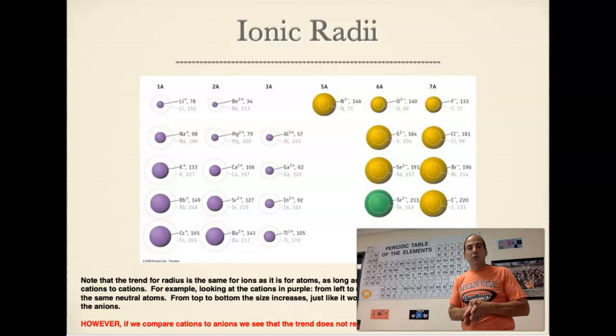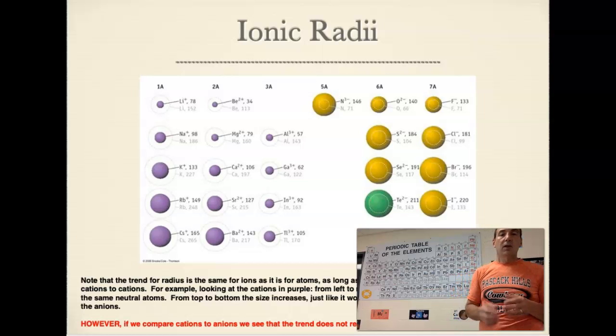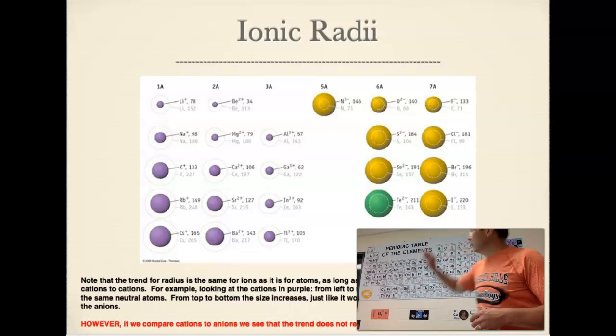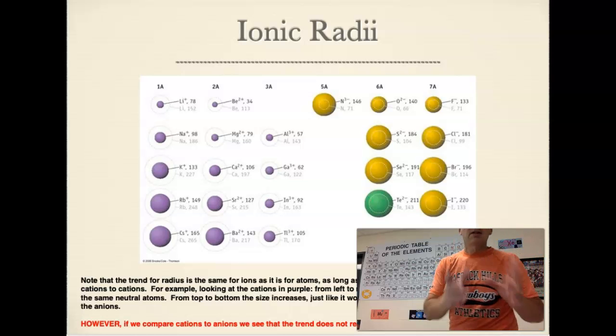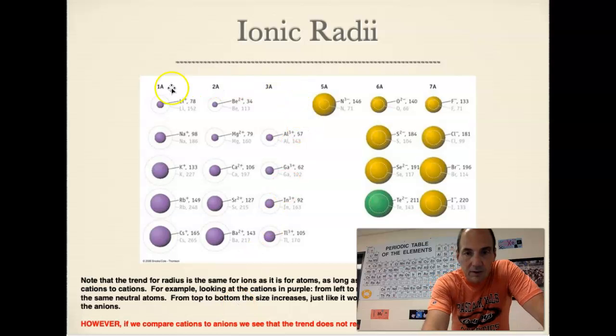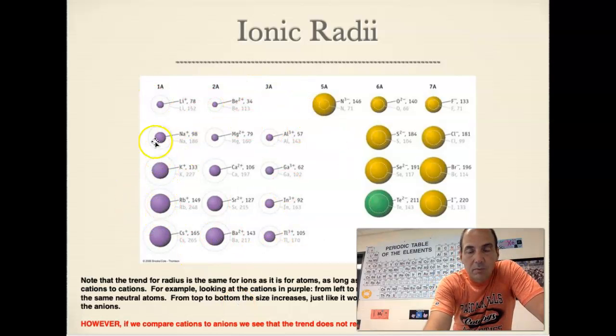But I want to relate it to the trend we were talking about the other day with atomic radius, the size of atoms. The other day we talked about from left to right across the period, we expect the size to decrease, and from top to bottom size to increase. Let's just focus on the positive ions, the cations, the purple ones here. From left to right, we see it decreasing in all cases.